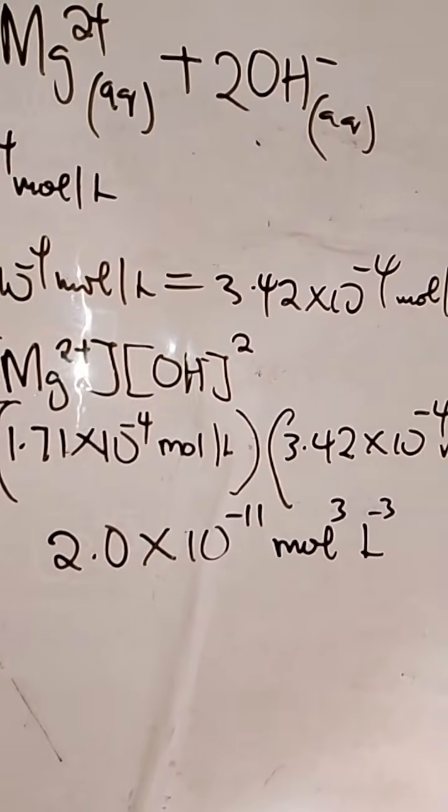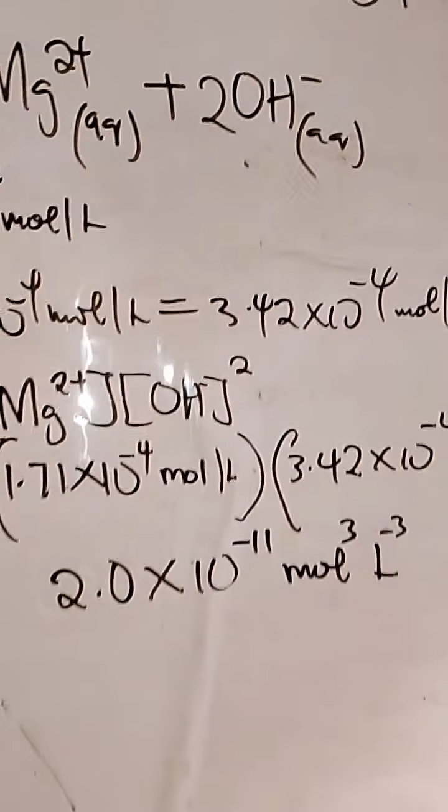Okay, so that is how we can calculate the Ksp. Now we can look at the important effects. How is solubility affected? We have the common ion effect, salt effect, and ion pairs.